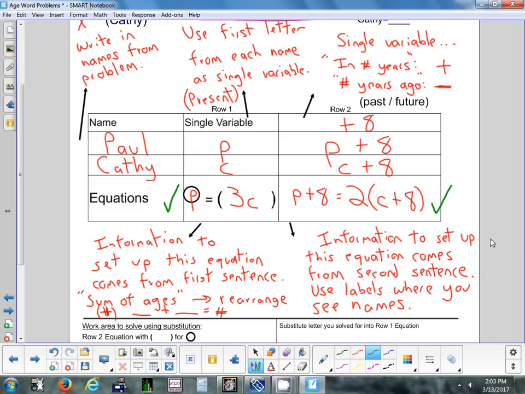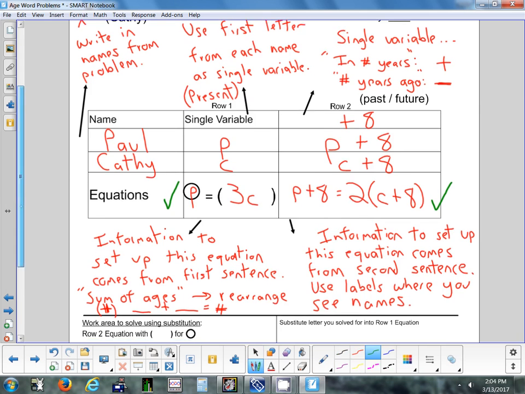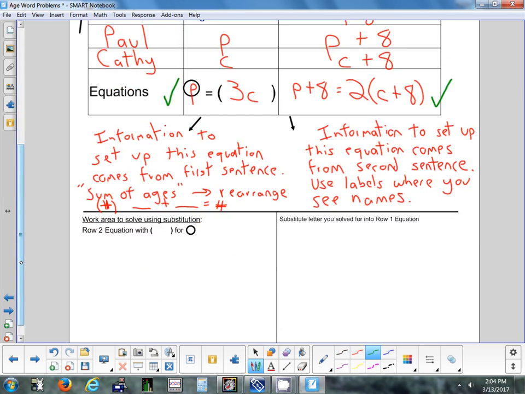Excellent. Now, today, Wednesday, on the test, you're going to have the directions. It's going to say, work area to solve using substitution. So it says, I want to use my row 2 equation. I'm going to use the stuff that's in parentheses in the first equation, or row 1, and whatever has a circle.